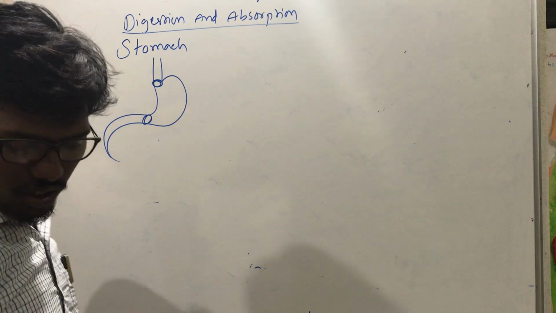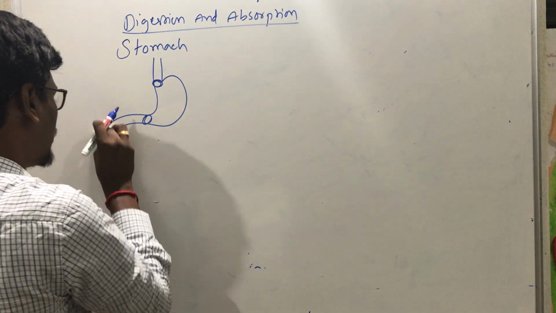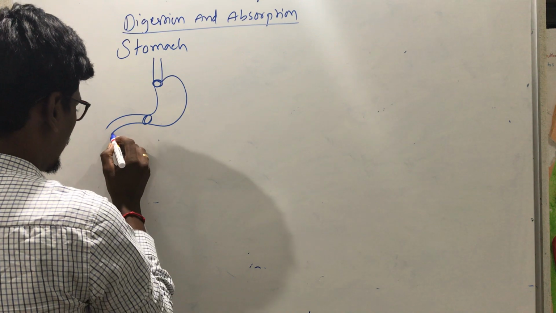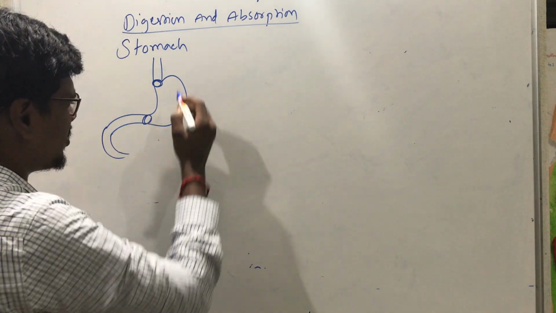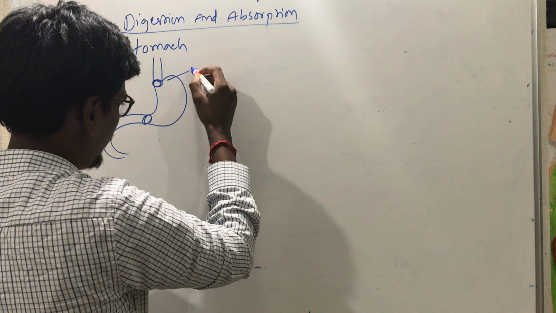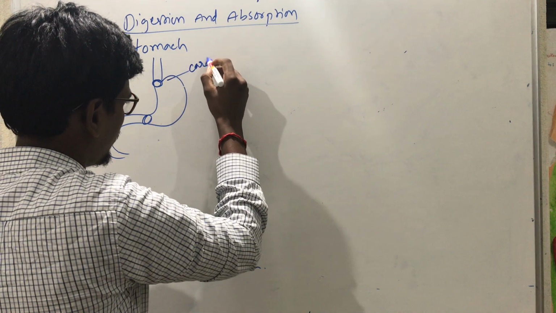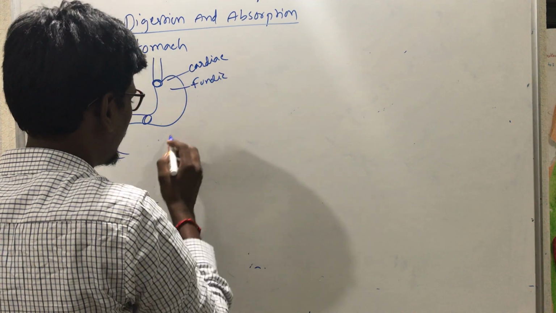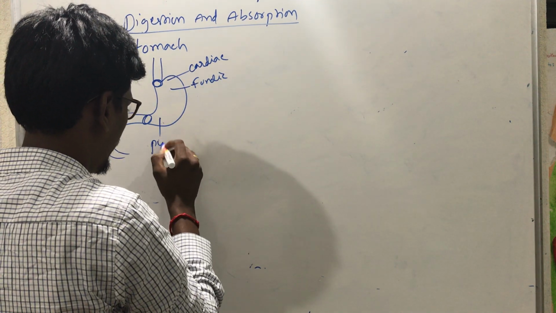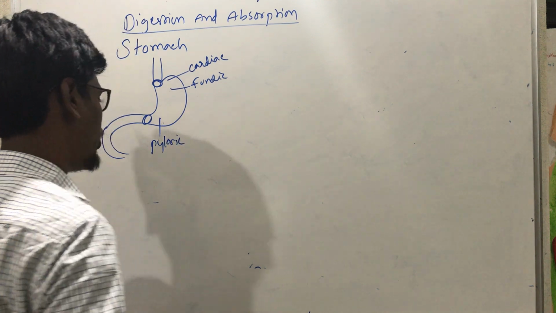This is called the stomach. This is called the cardiac region. This is called the fundic region, and this is called the pyloric region.